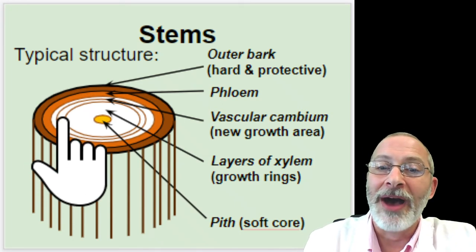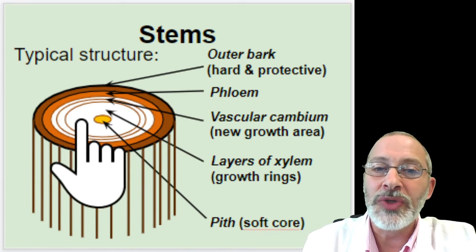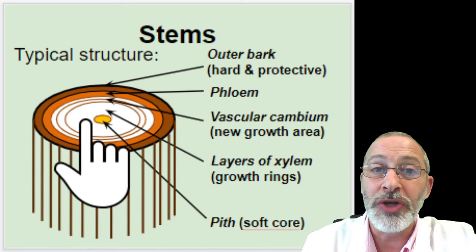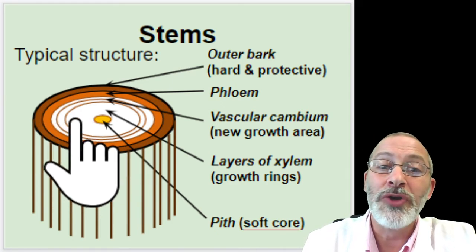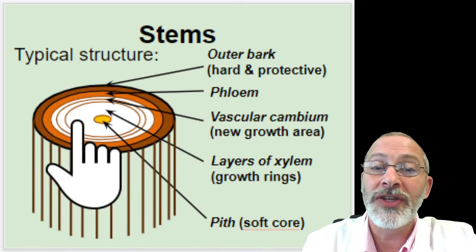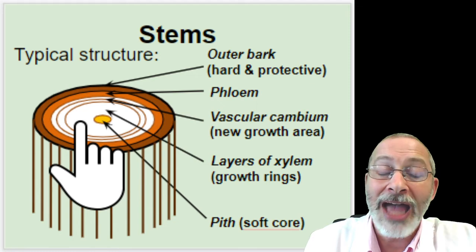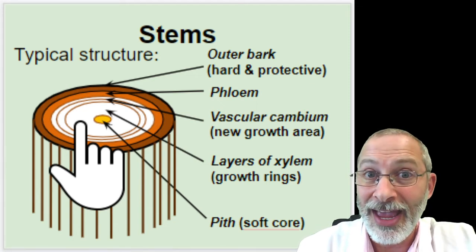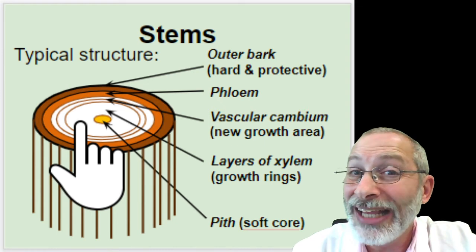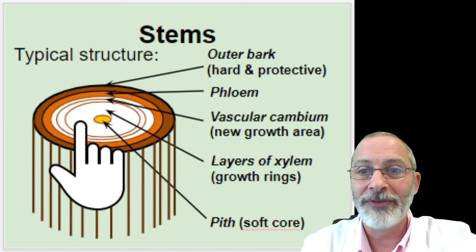And if you think about it, all of those rings that you see in a cross section of a tree, and you'll see some cross sections tomorrow in the lab, all of those rings that we call growth rings are actually layers of xylem. And what flows through xylem? Water and minerals. Very good.